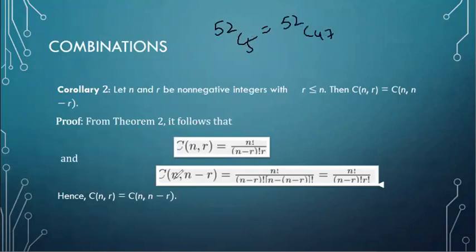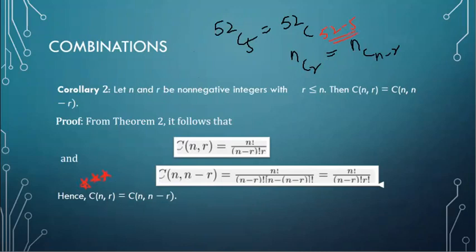So we can write NCR is equal to NC n minus R. Instead of 47, we can write 52 minus 5. So whenever we have NCR, it will always be equal to NC n minus R.